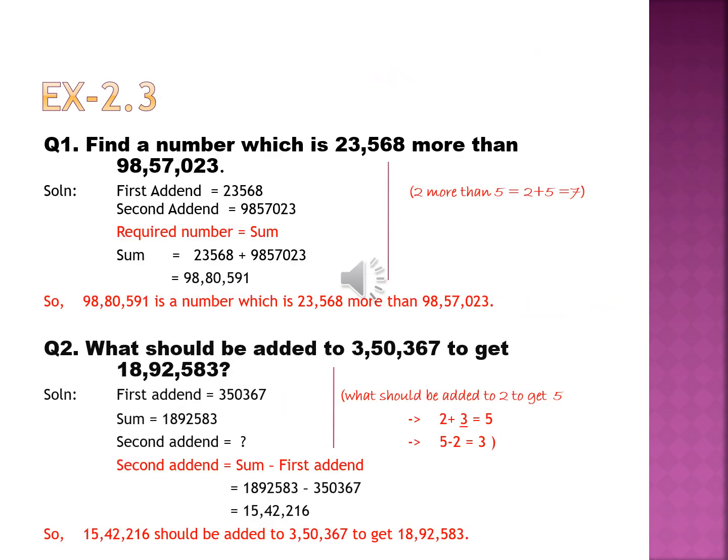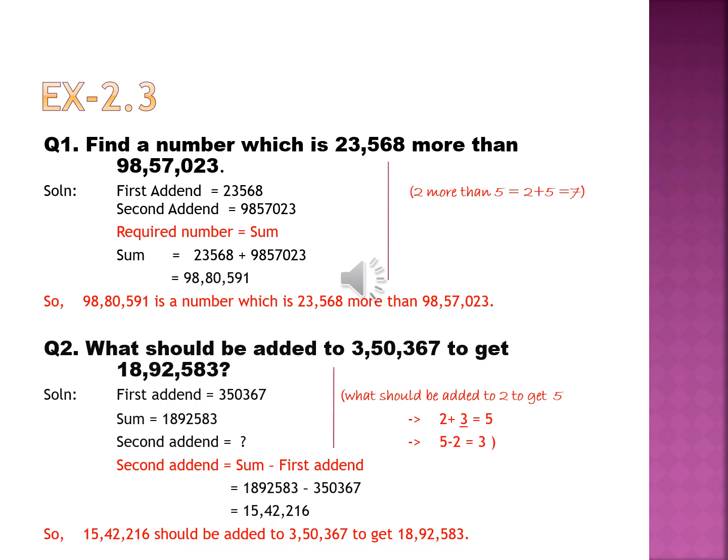Exercise 2.3, question number 1. Find a number which is 23,568 more than 98,57,023. Now let's take up a smaller example before working with the large numbers.